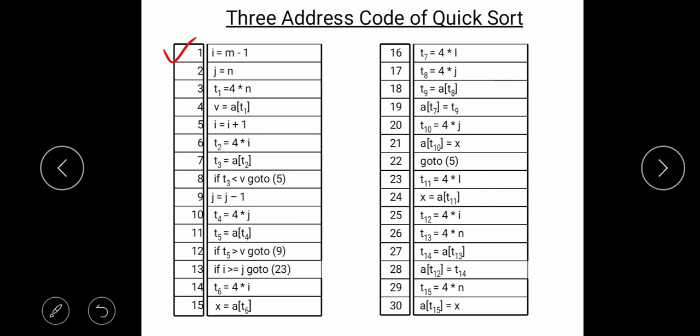And rule number 2: any statement which is the target of a conditional or unconditional go to would be a leader statement.